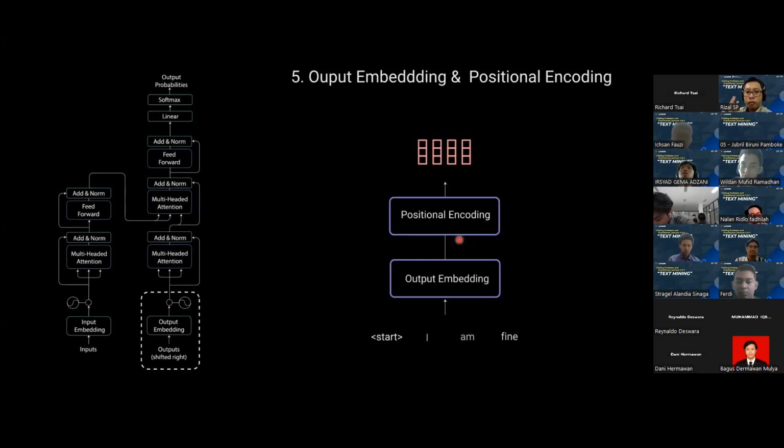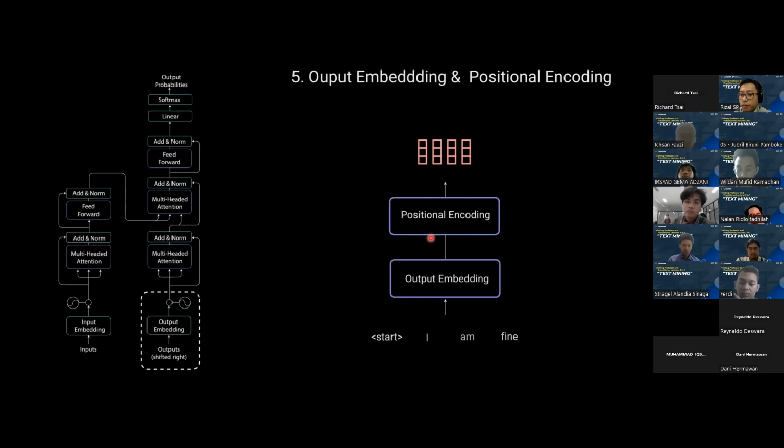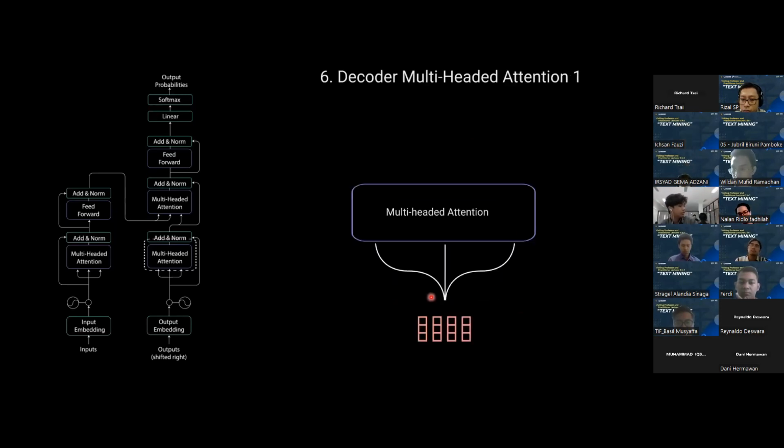So we employ the same method as with the input tokens to generate positional encoding for each output token. Next, the positional output embedding must undergo processing by the multi-headed attention mechanism. So now we are here.